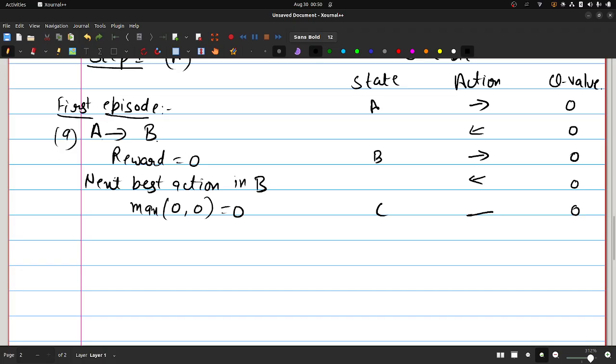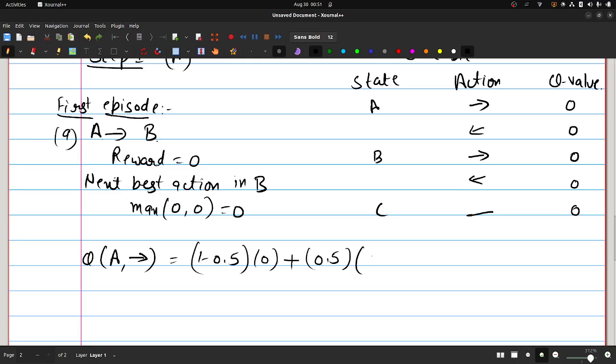Now what is the Q value for this state A? Q value for state A when we take a right action is equal to 1 minus alpha, 1 minus 0.5, times the current Q value, and the reward is 0, we will not get any reward, so then alpha times reward 0 plus gamma, which is 0.9, times this max, which is equal to 0.